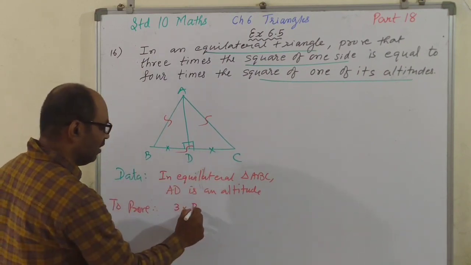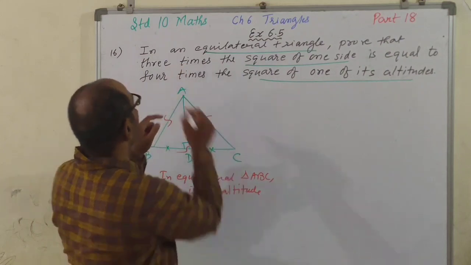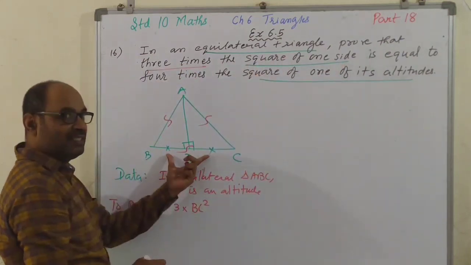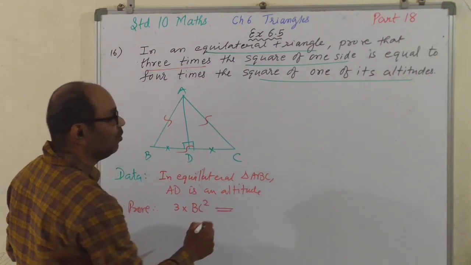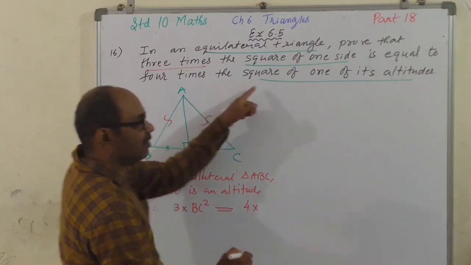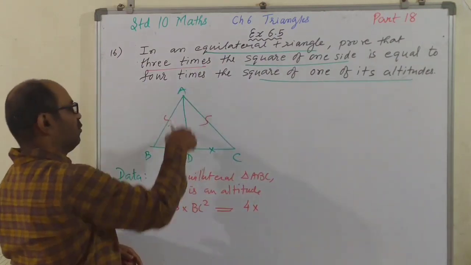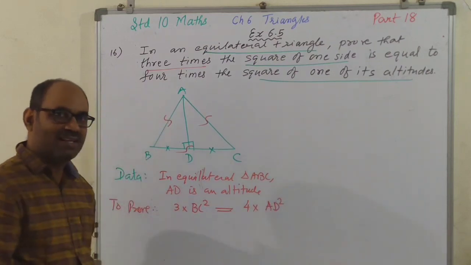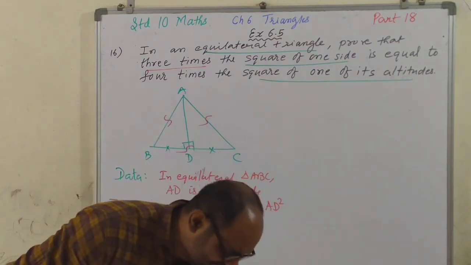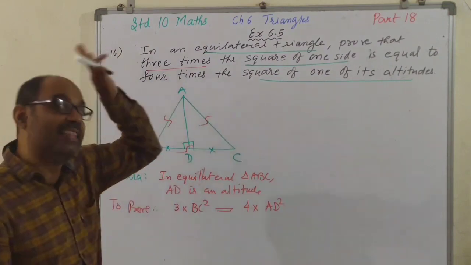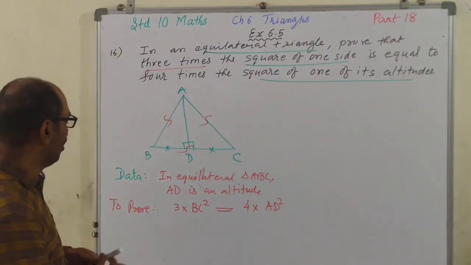I'll take BC square. 3 times the square of one side, square of BC, is equal to 4 times the square of its altitude; corresponding to BC, the altitude is AD. This is what we are supposed to prove. Very easy. We are going to do a similar procedure that we did in the sixth one. Chalo.